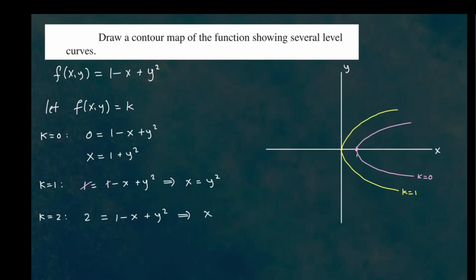You will have x plus 1 is equal to y squared. Another parabola. And now for this one, the x-intercept is going to be at -1. So I will have the graph right here passing through that. And of course, you can find more intercepts, but I will just label that because we already know how the general shape looks. So it's just a parabola like this. So this is for k equals 2 and so on.